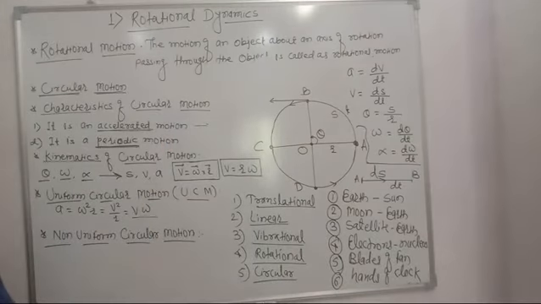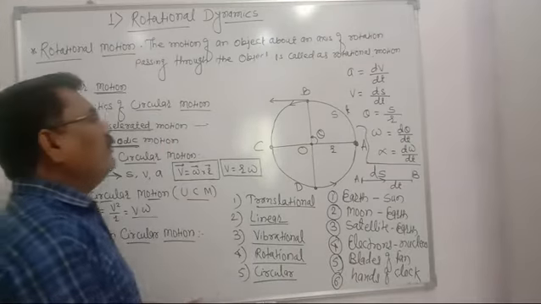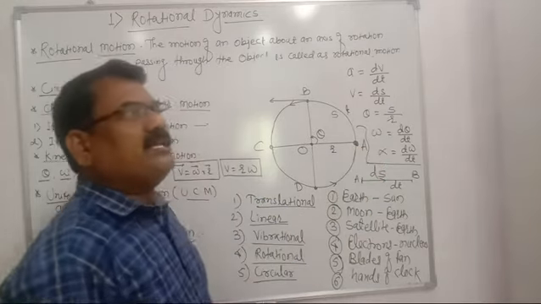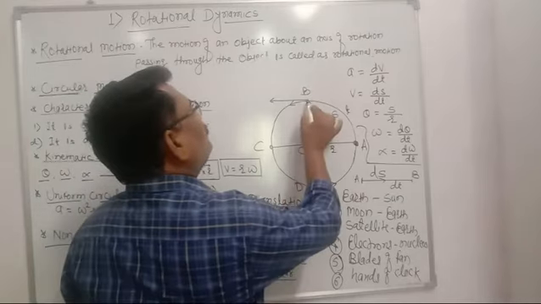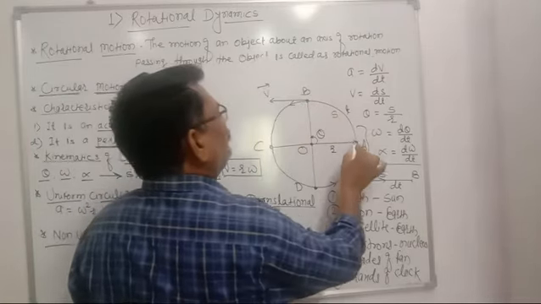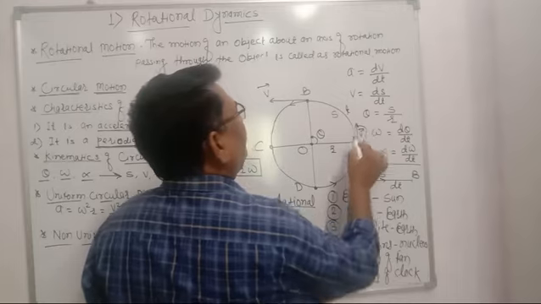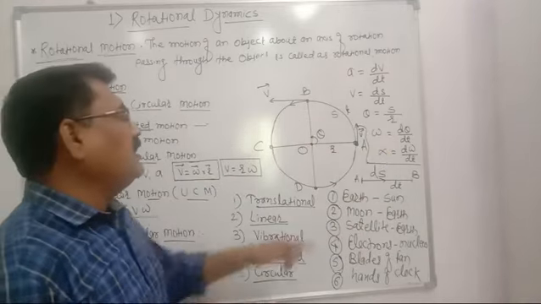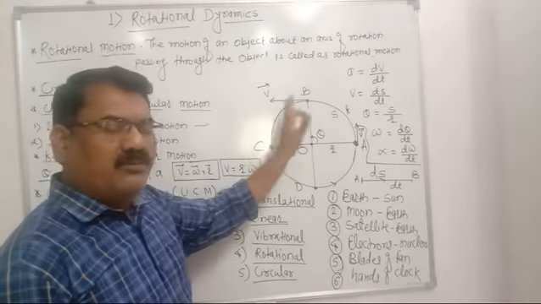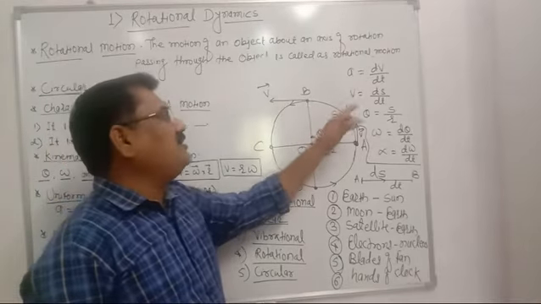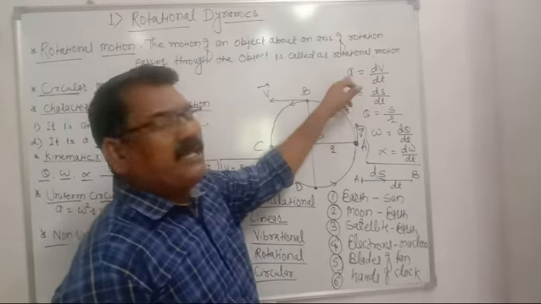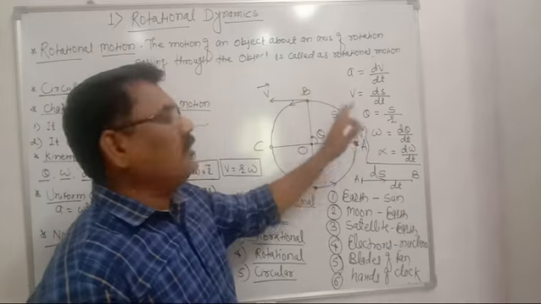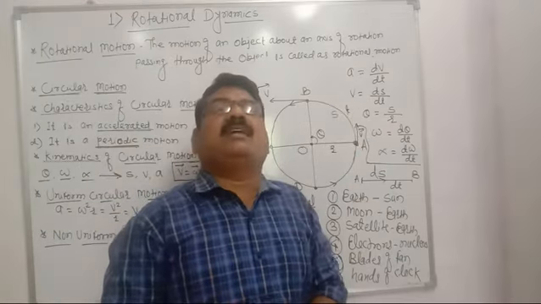Dear students, in uniform circular motion, even though the speed is constant, as its position changes the direction of velocity changes, meaning the velocity changes with the change in position of the particle, and that change in velocity with respect to time is called acceleration, and hence this uniform circular motion is accelerated motion.